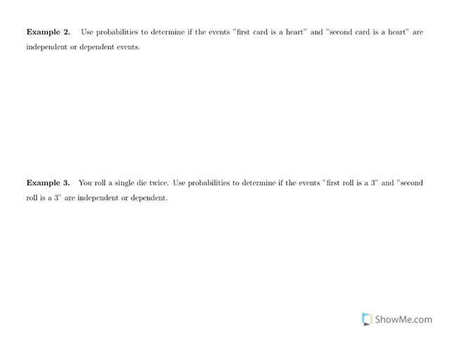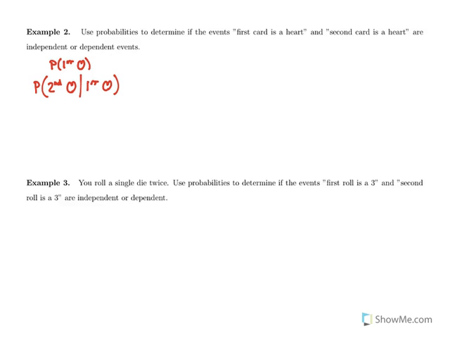In order to do this, we need to look at the probability that the first card is a heart and the probability that the second card is a heart, given that the first card is a heart. And if these two things are equal, then we know that these events are independent. And if they are not equal, then they are dependent.